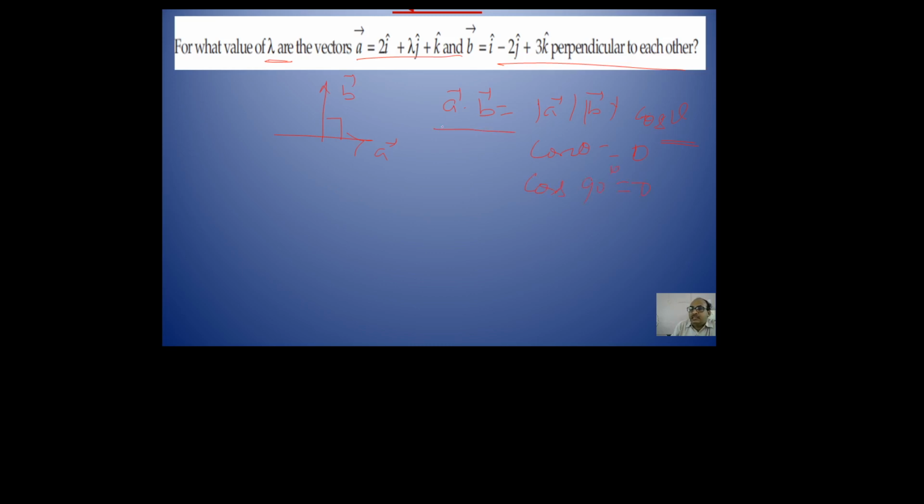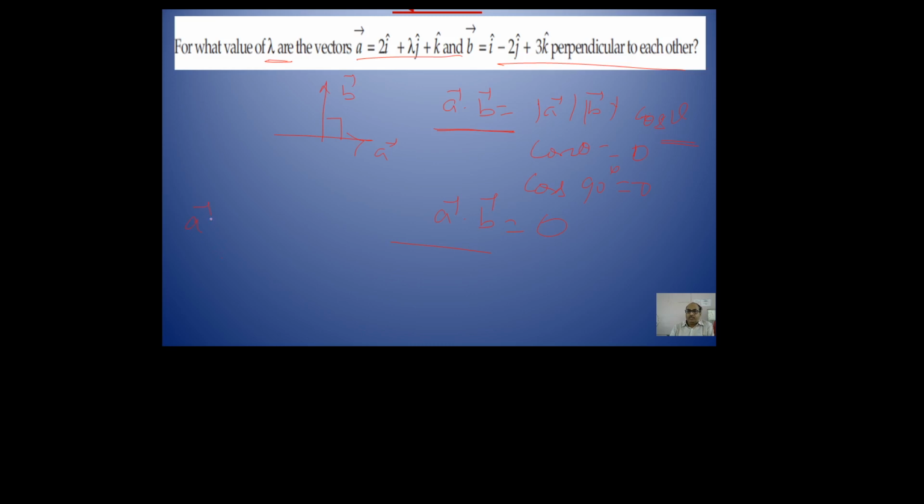So in that case, the dot product of these two vectors which are perpendicular to each other will give 0 value. Utilizing the same concept, we will find out for what value of lambda the given vectors are perpendicular to each other.